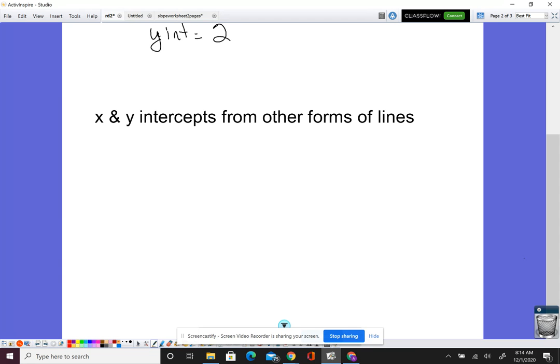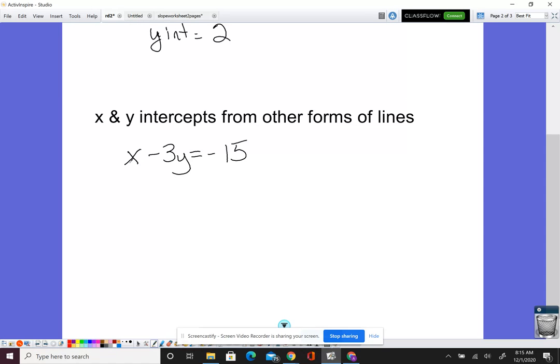Because today's lesson isn't about slope, it's about intercepts, we can find our intercepts a different way rather than solving for y, because that only gives us one of the intercepts.